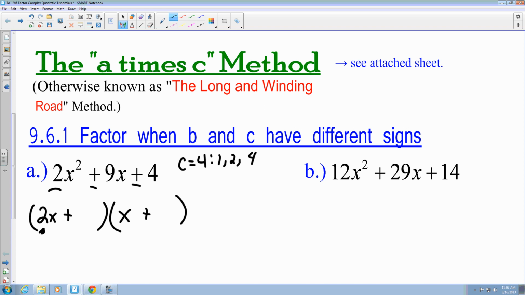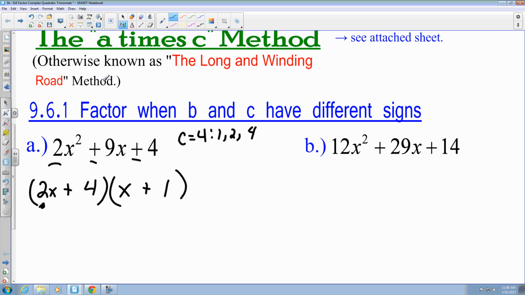So the values placed here and here are going to be either 1, 2, or 4. Let's say I put in 4 here and a 1 here.